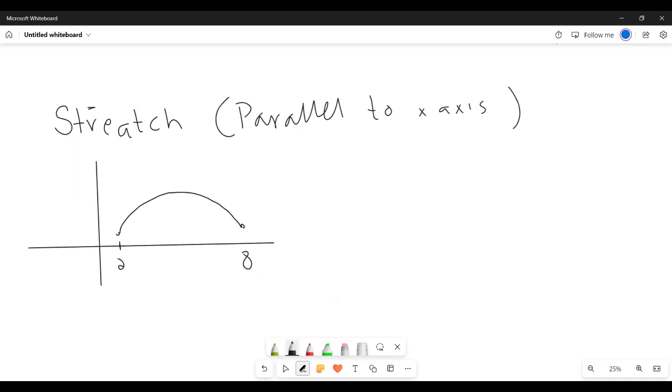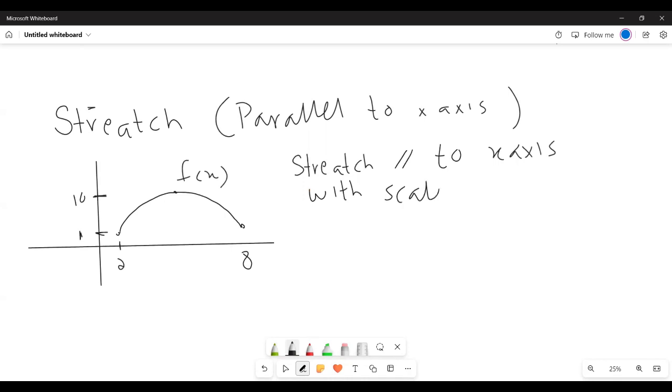And let's say that this is 1 and that's 10, the top. So calling it f(x). Now, if we are stretching it parallel to the x-axis with scale factor 2.